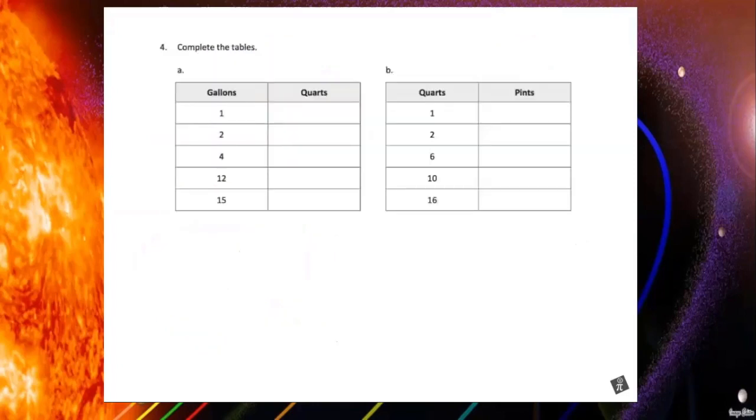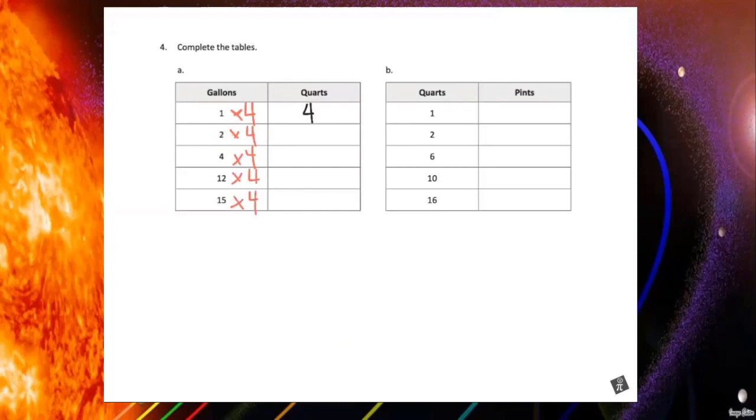Just quick conversion tables, right? So remember, 1 gallon is equal to 4 quarts. So our conversion, we're going to multiply by 4. Anytime you have your gallons, you just have to multiply by 4, and that gives you your quarts.